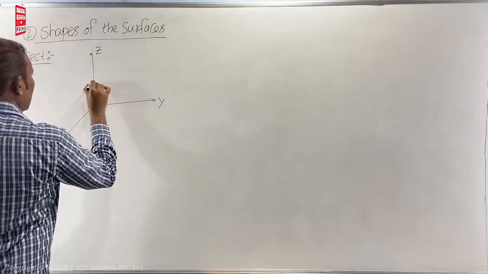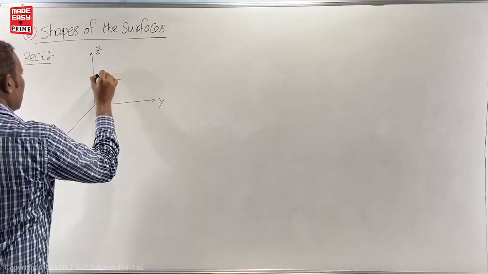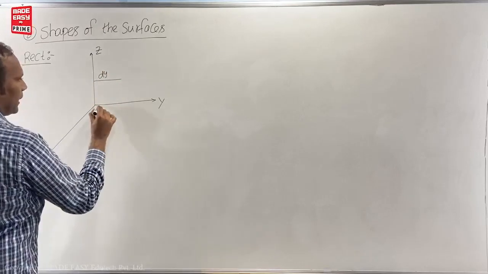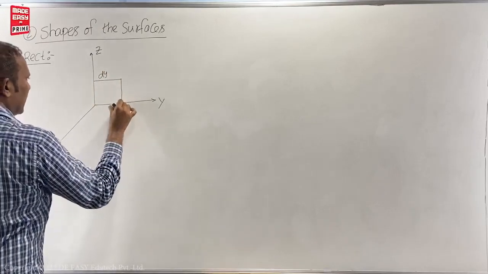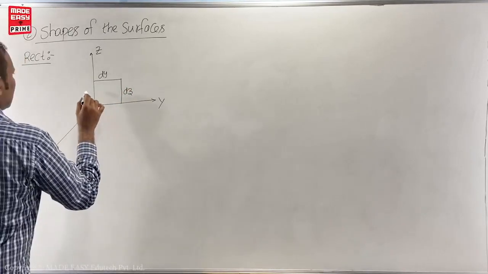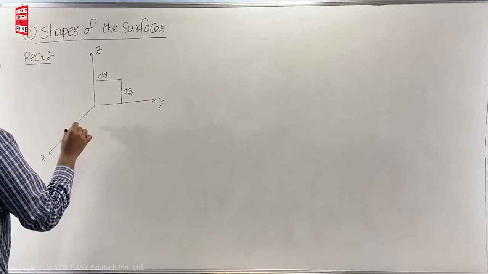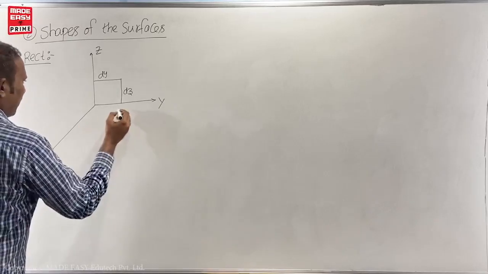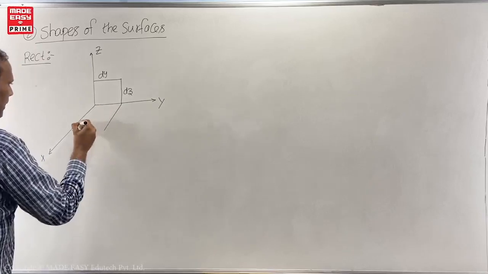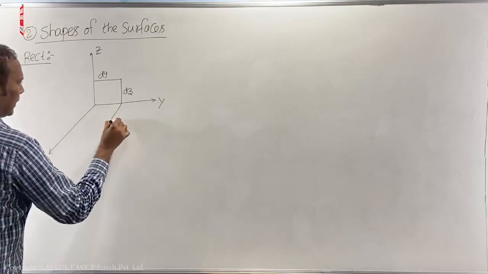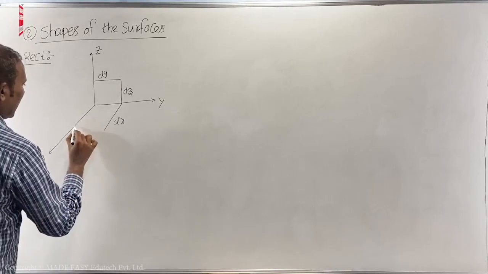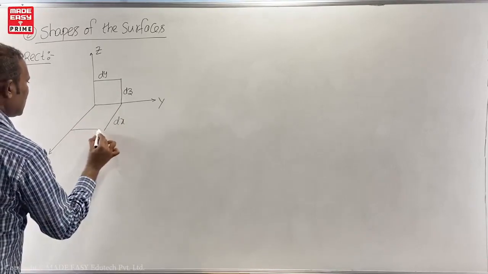Now I will take here dy width. How much width? dy. Then I am taking here dz height. So if you see carefully, parallel to the x-axis, I will take dx. Now I will draw a line parallel to the y-axis like this.